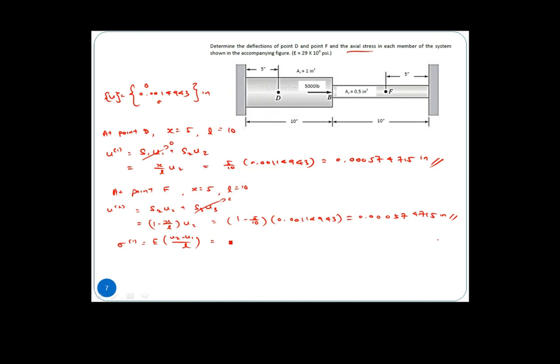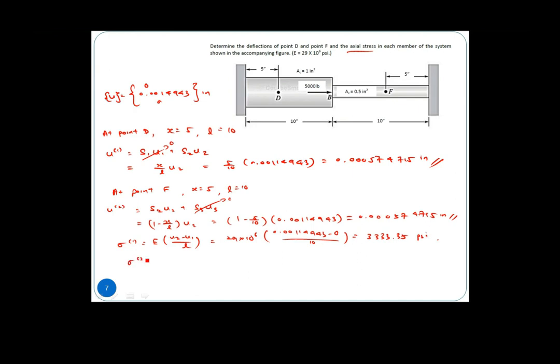So we have E as 29 times 10 power 6, U2 is 0.00114943 minus 0, over L, here 10 inch. Then it gives us the stress will be 3333.35.